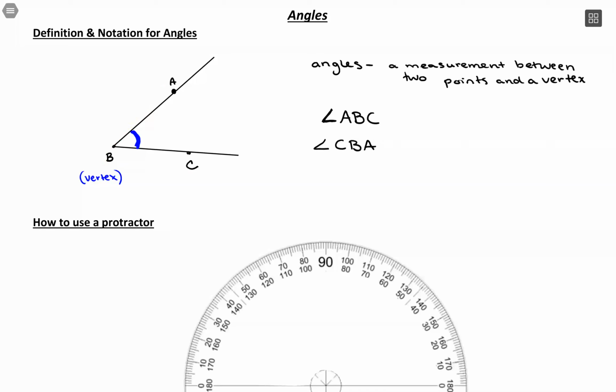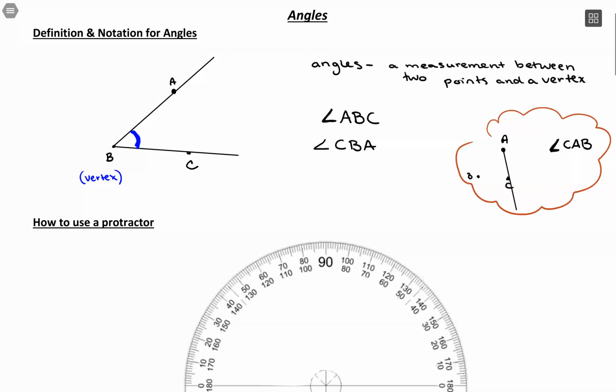But just notice if I changed things. As a little side note, if I had those 3 points, A, B, and C, and I wanted to talk about angle measurement CAB, what that would mean is I would have to go C to A, and A would end up being my vertex.